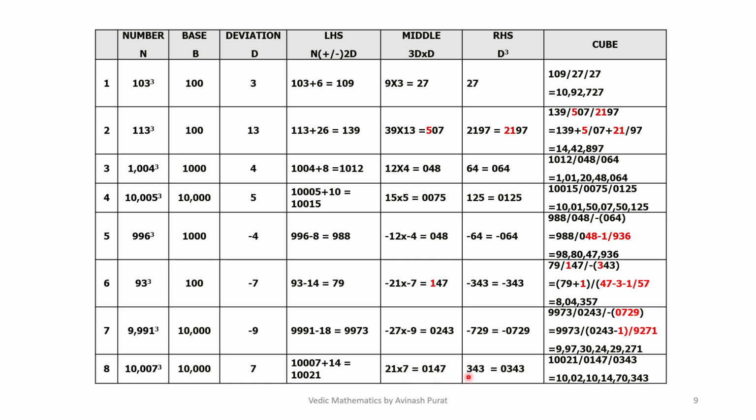RHS is 343, 7 cube is 343, that is to be taken as 0343, base having 4 zeros, so 4 digits have to be taken to the right of the stroke. So 10,021 stroke 0147 stroke 0343, that is equal to 1002101470343.